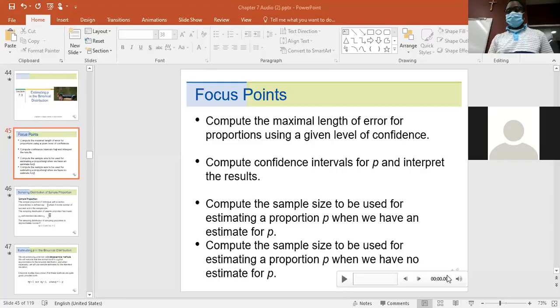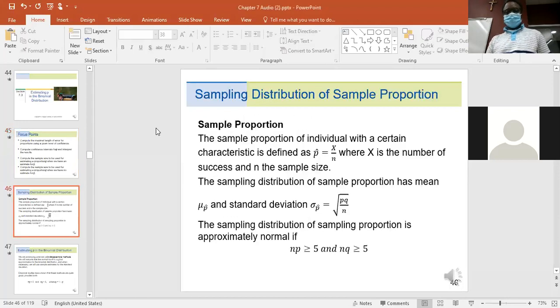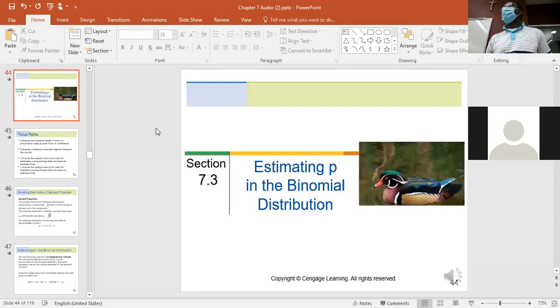Last time we went over sections 7.1 and 7.2. Essentially, we learned that to find the confidence interval for the mean, we need to compute the margin of error.